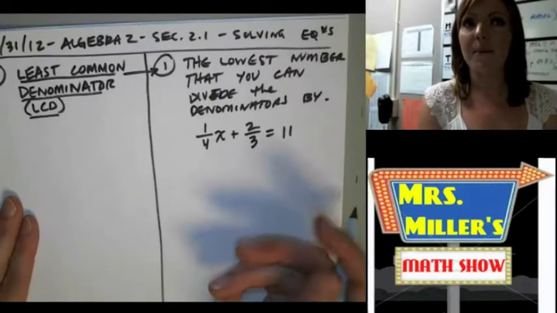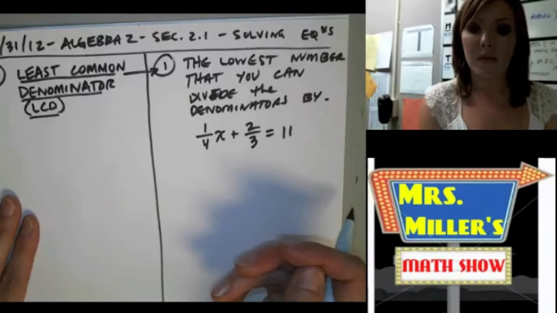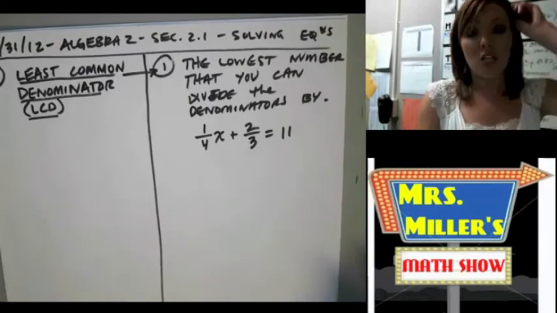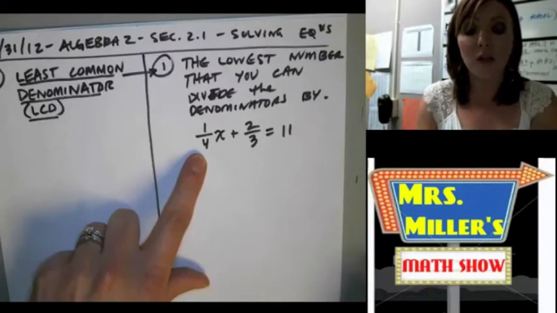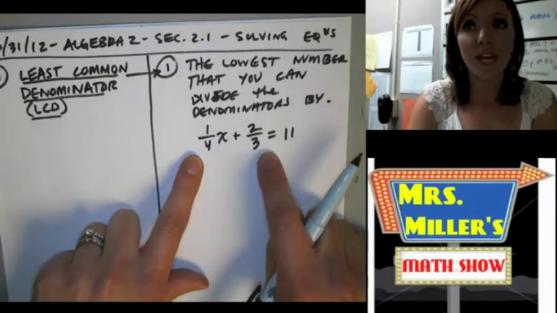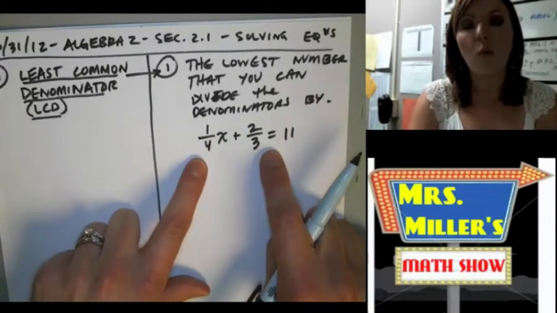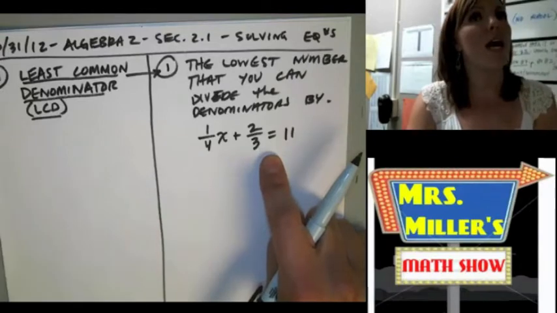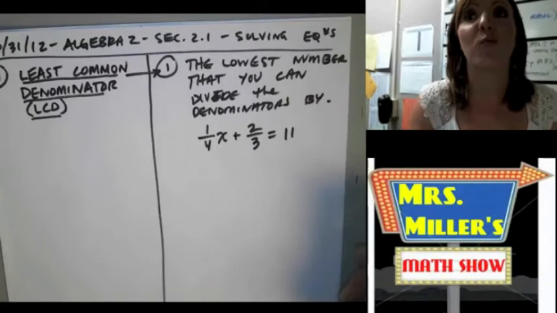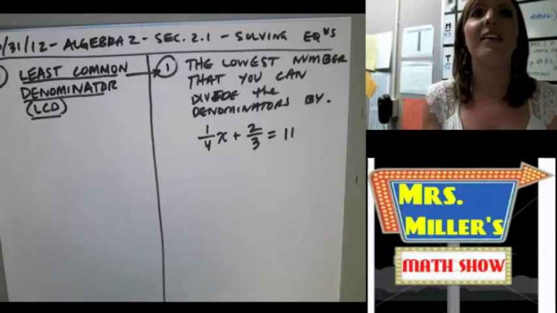Okay, that's okay. Olivia? Oh, good. That's one option. Olivia said that we can multiply the 1/4 by 3/3 and the 2/3 by 4/4. That's one option. Or we're going to do something a little different this time, and get rid of the fractions completely. How many people think that would be awesome?